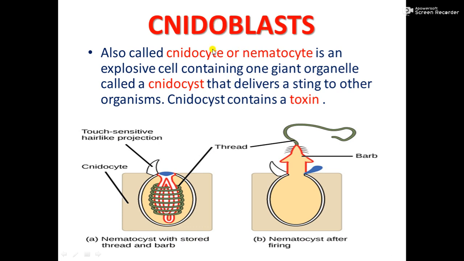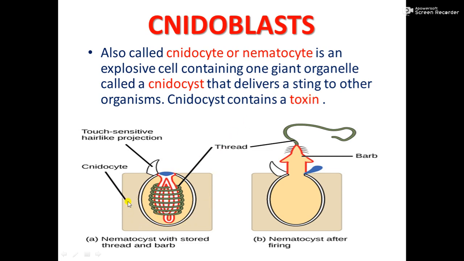As I told you, cnidoblasts are also called cnidocyte or nematocyte, which is an explosive cell. Blast means explosion, like a bomb blast. That is why it is called a cnidoblast. Cnidoblasts are explosive cells which contain one giant organelle, called a cnidocyst, that delivers a sting to other organisms. This cnidocyst contains the toxin which stuns the prey. So let us see the detailed structure.